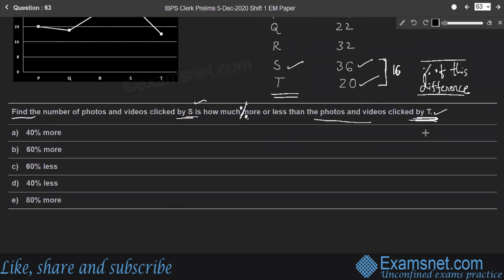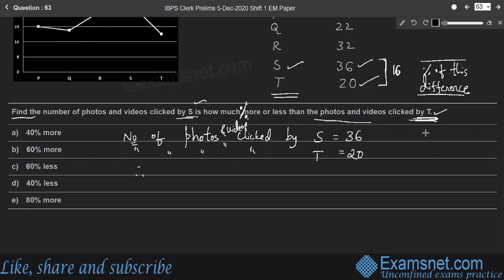Here, the number of photos and videos clicked by S is equal to 36, whereas the number clicked by T is 20, right?